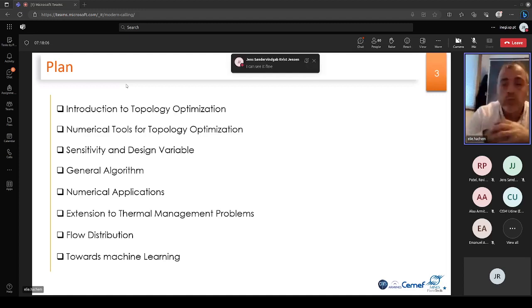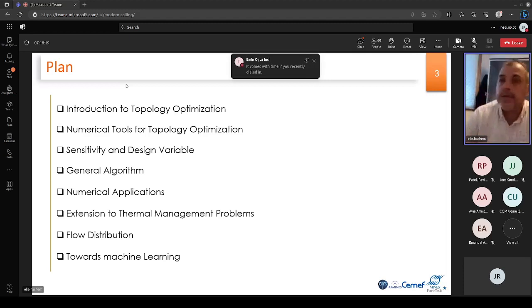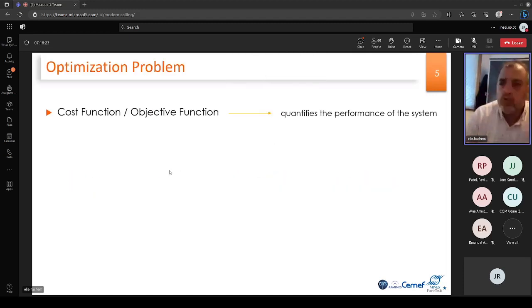I can extend it to thermal problems and even flow distribution if we have time. But tomorrow we will show you how we can stop here, change these approaches, and use machine learning to do the same objective.